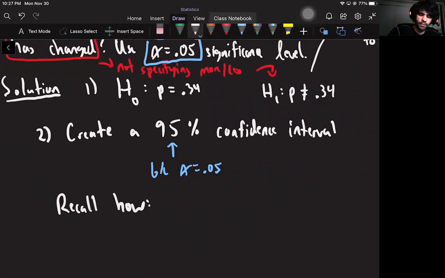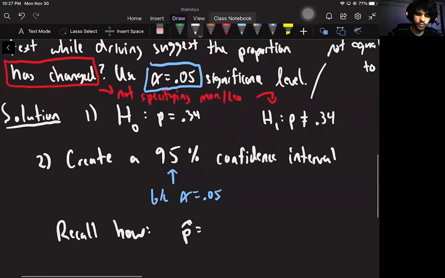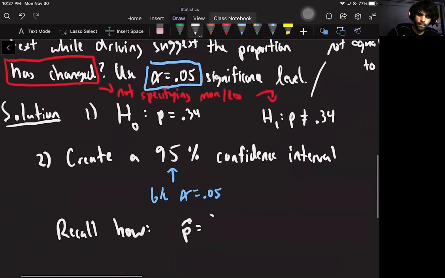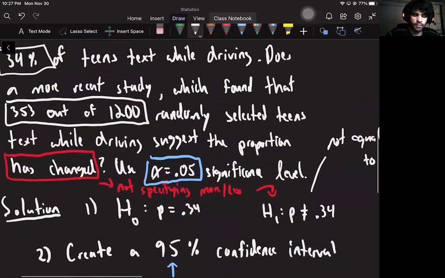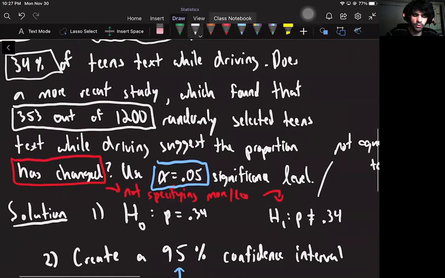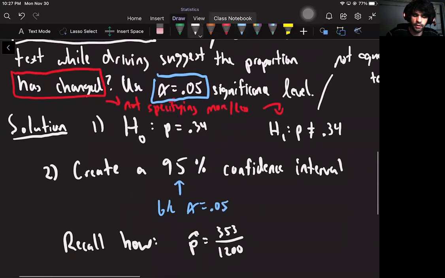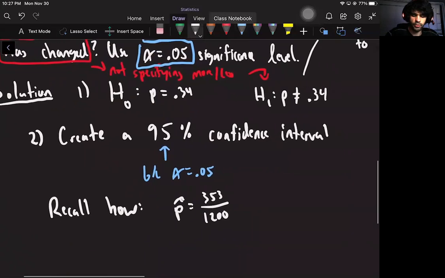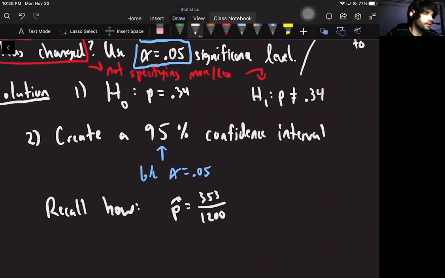I need a sample proportion, which I have. It's 353 out of 1,200 because this is my new sample that I am checking if it's so crazy that it makes me question the original proportion being true. That's the idea. So this is going to be about 0.294.